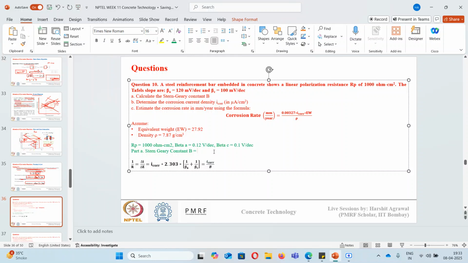So B is equal to beta A times beta C, I'm just solving that inverse part, upon 2.303 times beta A plus beta C. This is what is known as the Stern-Geary constant.